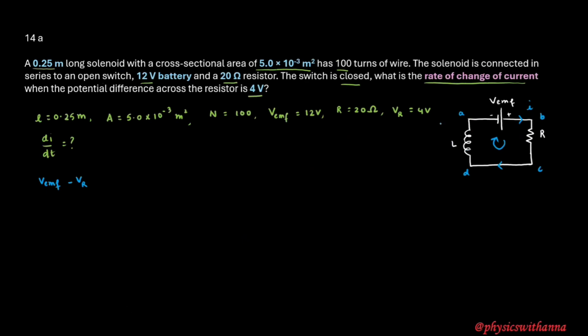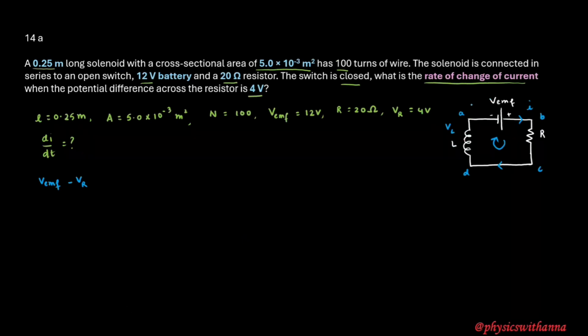Potential drop across the inductor we will take as V_L, and this V_L must have polarity opposite to V_EMF. Because the current through the circuit is increasing when the switch is closed, and the inductor does not want the current to change, so it introduces a back EMF that opposes the change in current. And the only way you can oppose the increase in current is when you reduce the power of the battery.